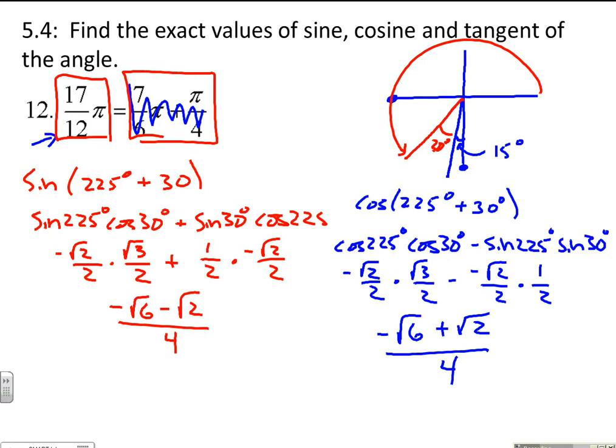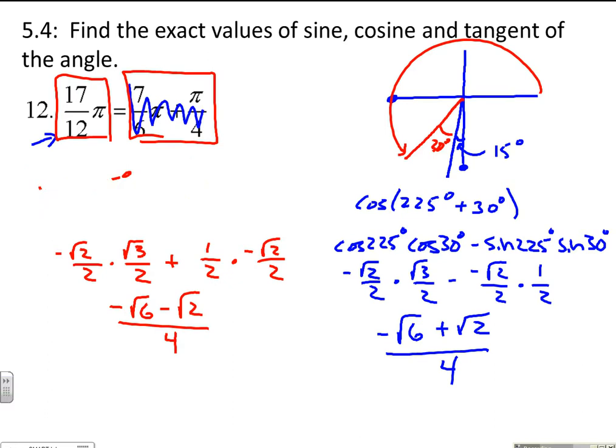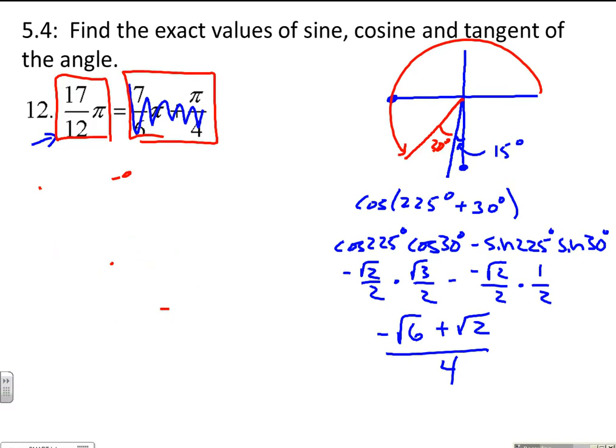So I'm going to clear some space out again. Remind you at this point, as I'm getting this space cleared, that we will have some shortcuts for this after we've paid a bit of a price finding these things. So what is our rule for tangent of a sum? We're going to find tangent of 225 plus 30 degrees. Tangent of a sum is the sum of the tangents.